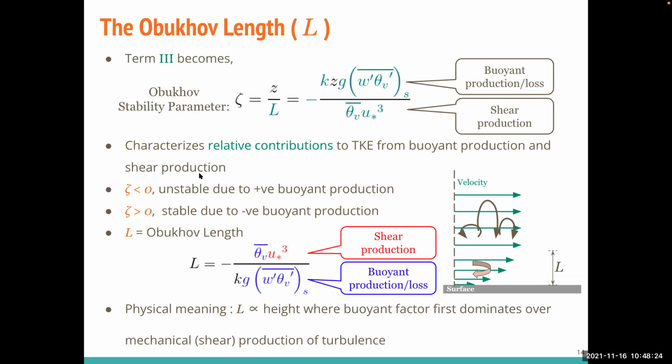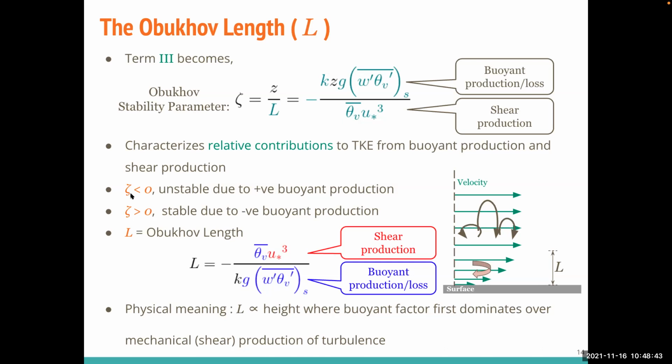And sometimes the buoyant is not production, it's buoyant loss. So we need different signs. So if this is theta, this Greek theta, right?